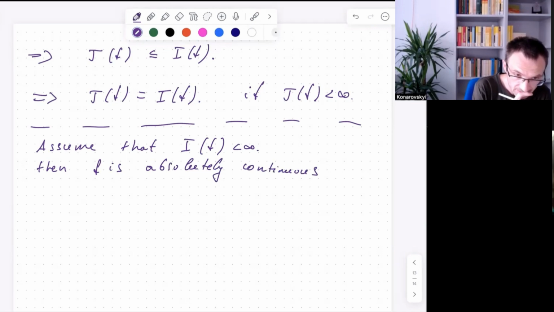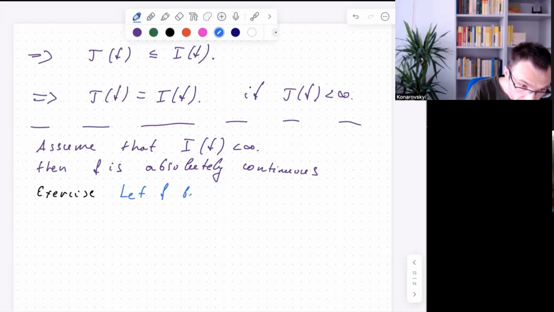And since the function f is absolutely continuous, you will also have, as a homework exercise, another part of the previous exercise that we used. It will be formulated as follows. Let the function f be absolutely continuous.